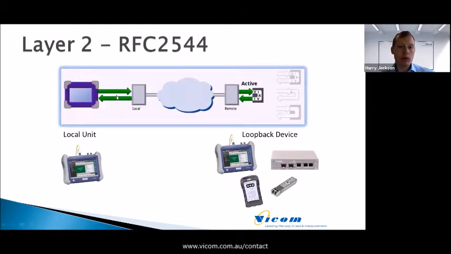So we've got our local unit connected to one side of our network, and on the other side of our network, we've got our remote loopback unit. As mentioned, this loopback device could be any number of things, whether it's an identical MTS 5800 with a loopback option, our network companion, an SFP with loopback capability, or maybe a NID device such as the CDN Metro NID variants.